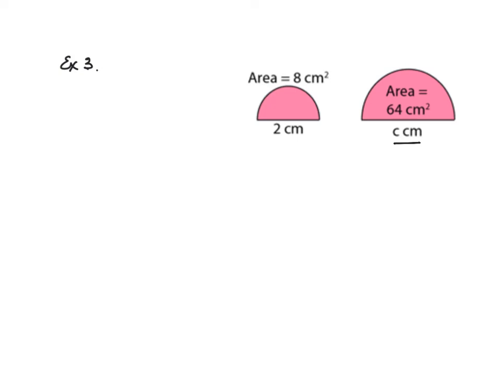So remember, area scale factor is the length scale factor squared, and we also said that the square root of the area scale factor gives us the length scale factor. So what I want to do here is work out the area scale factor enlargement.